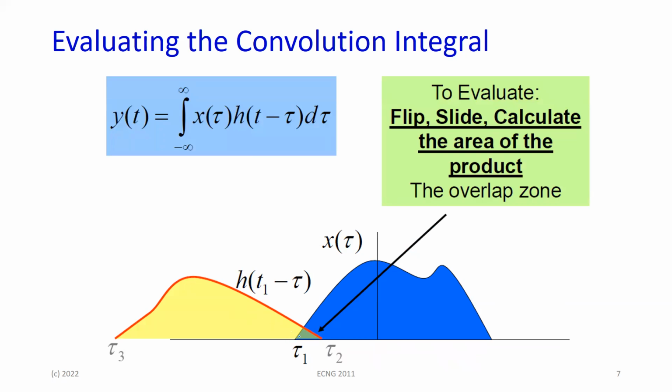Then at some point you get a zone where they start to share the same time. You need to figure out how big that zone is, then multiply x tau and h of t minus tau and find the integral over that zone. And then you have the answer.